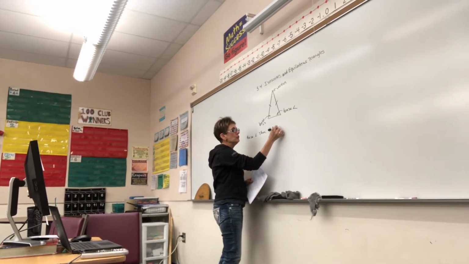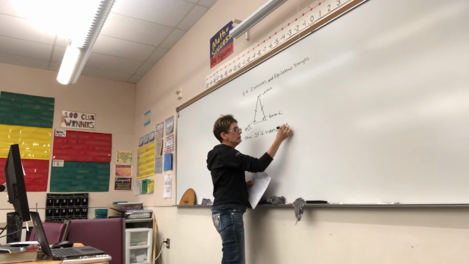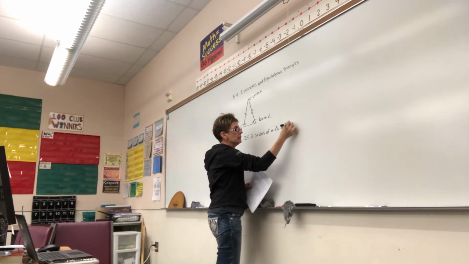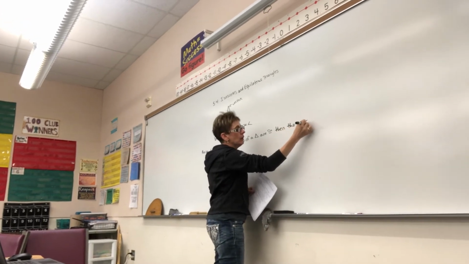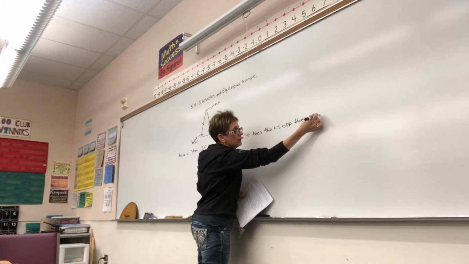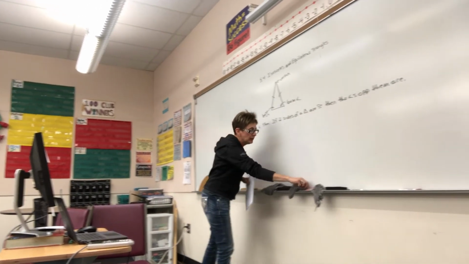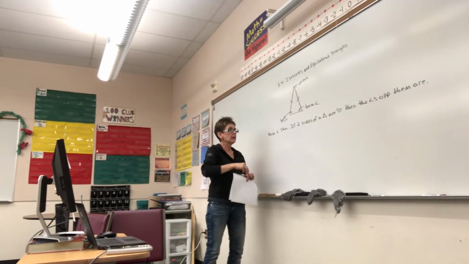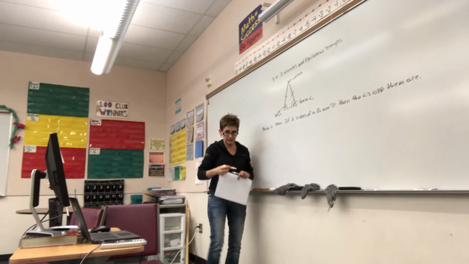If two sides of a triangle are congruent, then the angles opposite them are. So what that means is if you have an isosceles triangle and these two legs are congruent, then the two base angles are also going to be congruent.